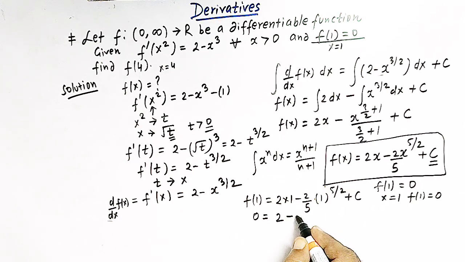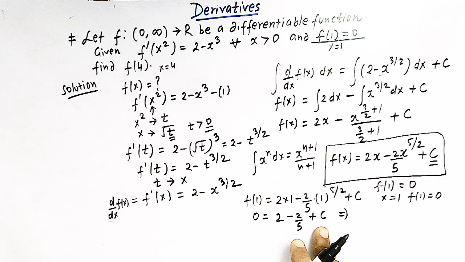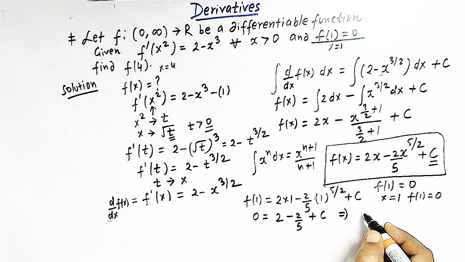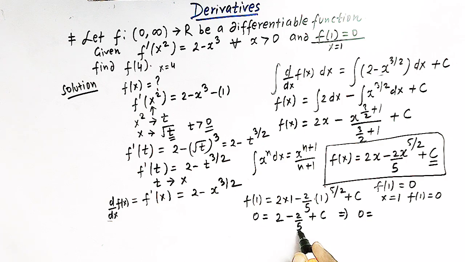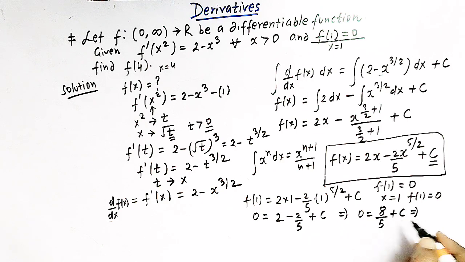and we have minus 2 over 5, and 1 raised to 5 over 2 is simply 1, and here we have c. So solving this equation for c, we have 0, then 5 times 2 is 10, 10 minus 2 is 8, so we have 8 over 5 plus c, and from here we get c is equal to minus 8 over 5, right?